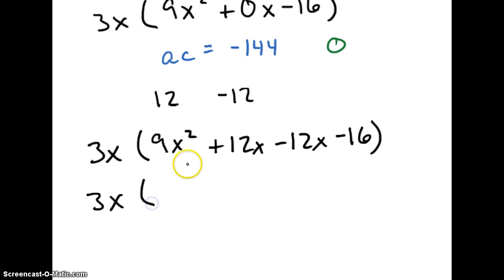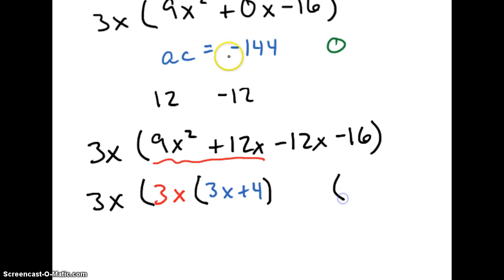Got to keep this 3x, and now I'm going to take these guys and think of them as one unit. So this binomial, if I factor something out, if I factor out the GCF, I get a 3x. And now what I have left over is 3x plus 4. And then I know that I'm supposed to have another 3x plus 4.